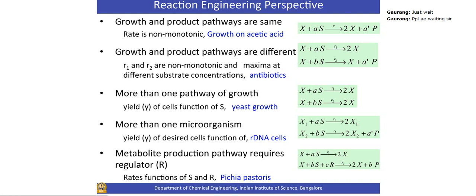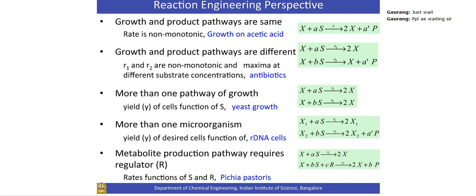So X here is a cell, S here is a nutrient or the carbon source, and the prime result of providing nutrients to the cell is that cells multiply, they make more of themselves, and in the process they also make certain products. So by writing this as a single reaction, the product that comes out is essential for cells to grow.